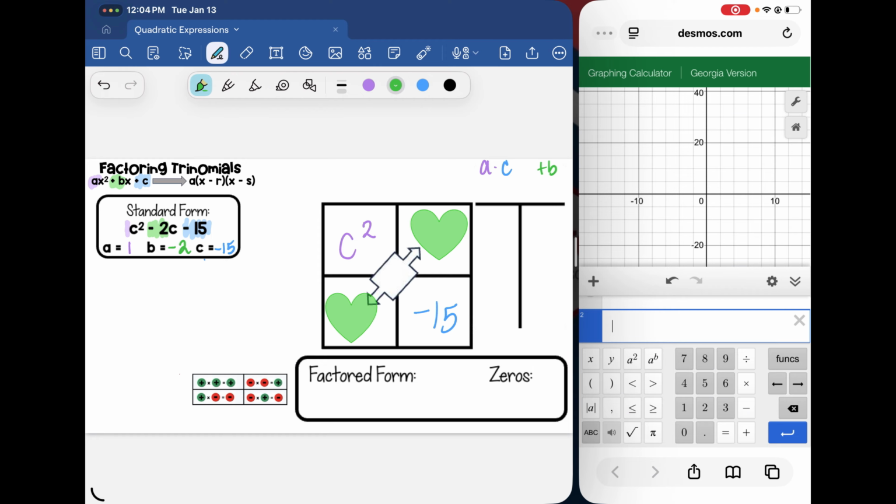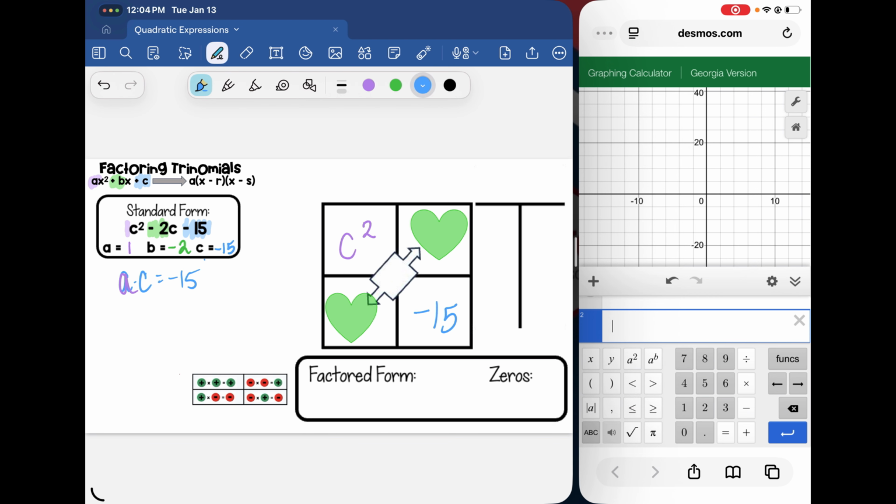All right, so let's do it. My a value is 1. And my c value is negative 15, which means a times c is negative 15. So a times c is equal to negative 15.